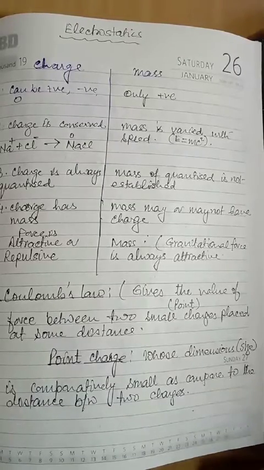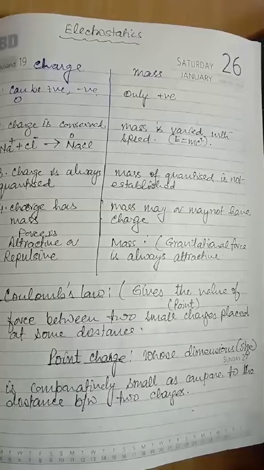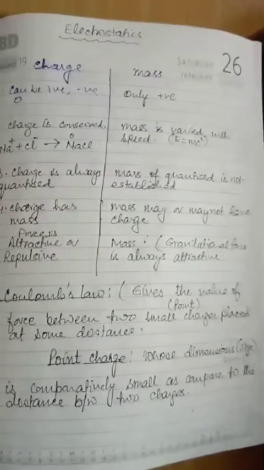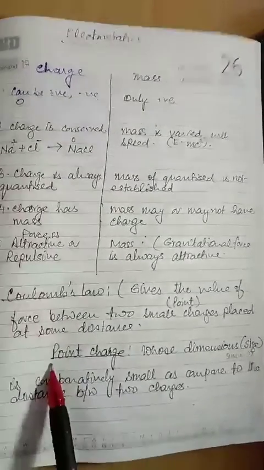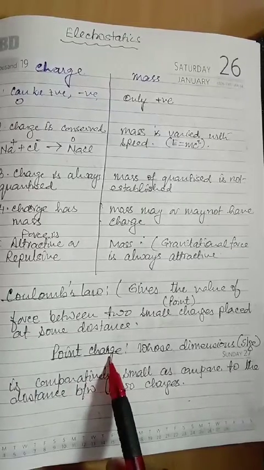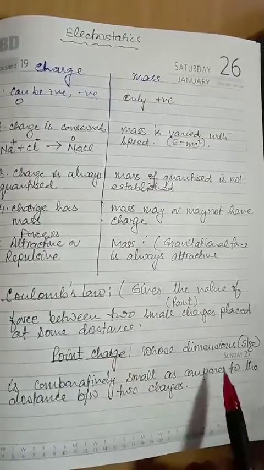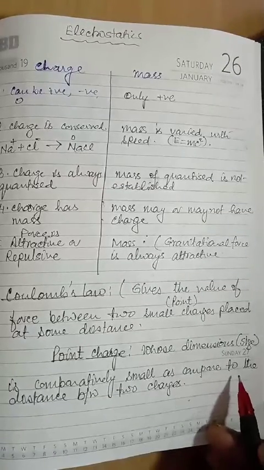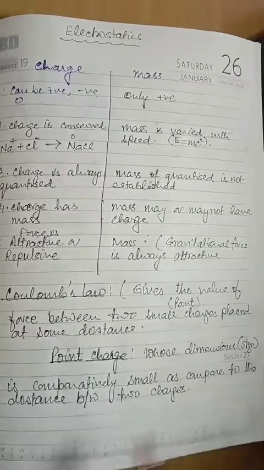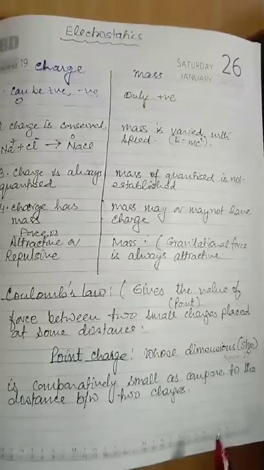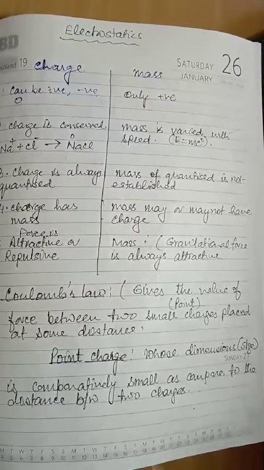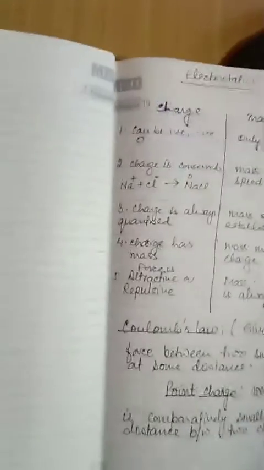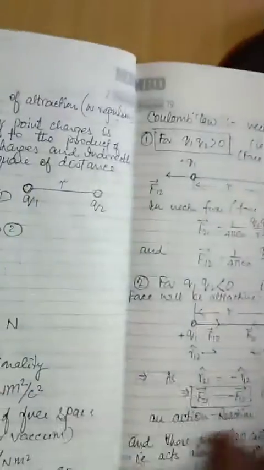And it gives the value of the force acting between the two charges. But here one thing is very important, that is called point charge. Point charge means the dimension, that is, the size of the charges, is very small as compared to the distance between the two charges where they are kept. So this is very important.